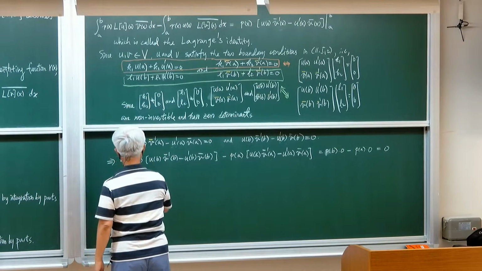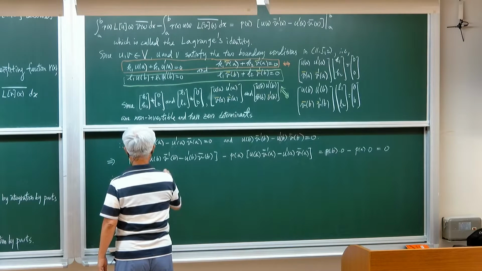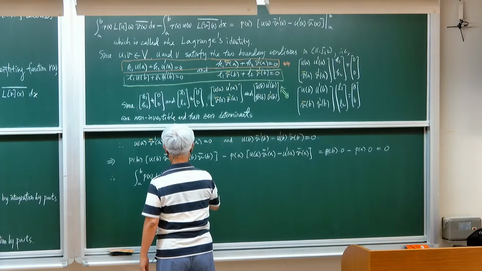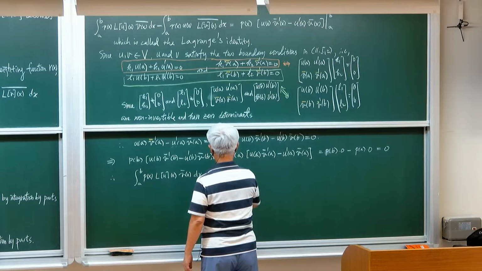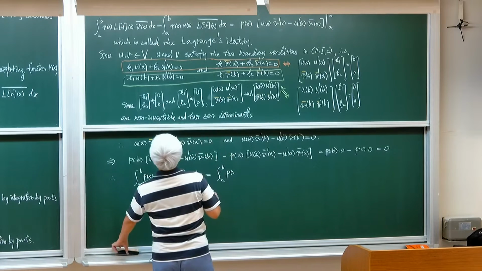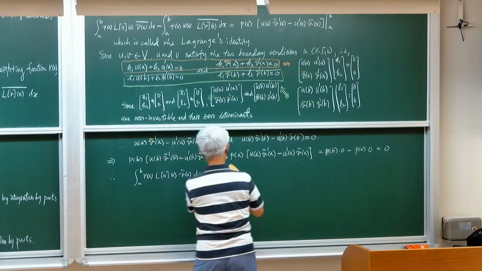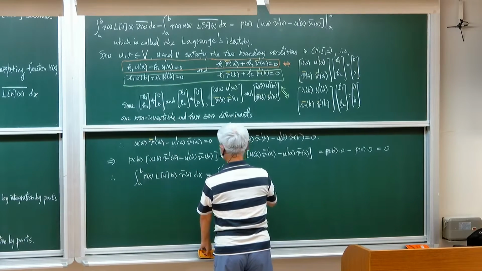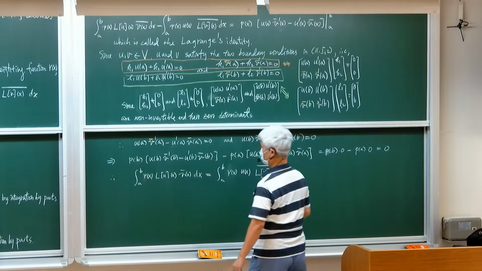All right. So now, the integral from A to B of P(x) and V bar(x) dx is equal to the integral from A to B of R(x)... Sorry.